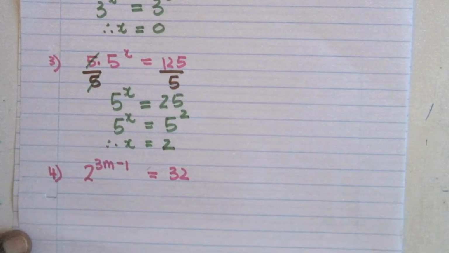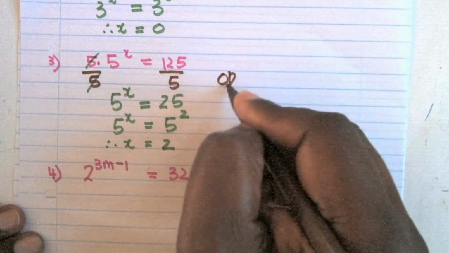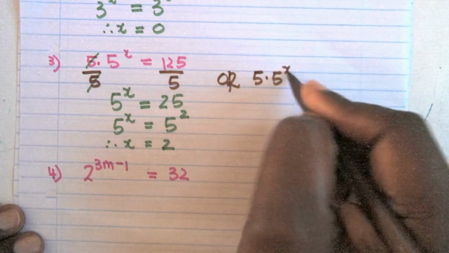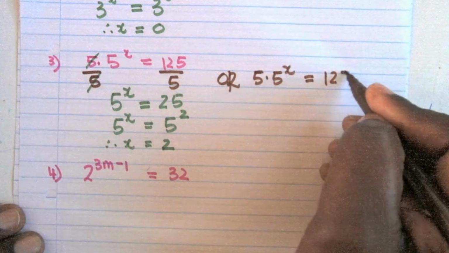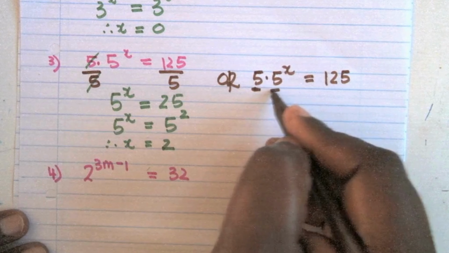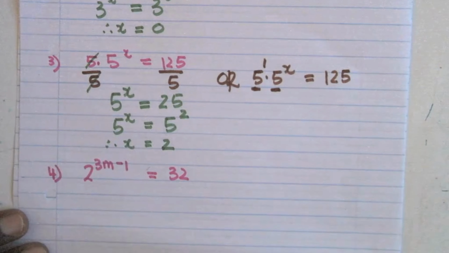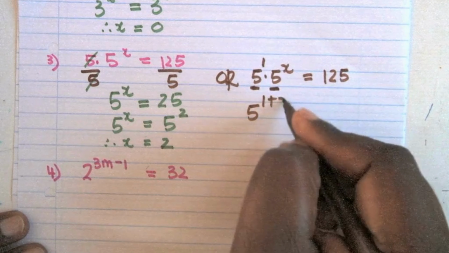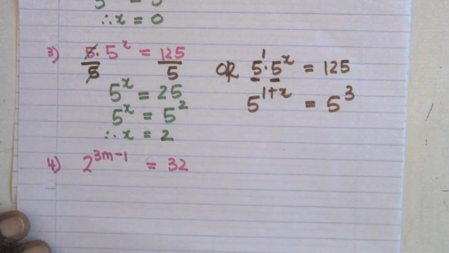We can also use this method here. The question reads 5 times 5 to the power of x is equal to 125. Since the bases are the same here, and I'm multiplying exponents, and remember here there's an invisible 1, I can write this as 5 to the power of 1 plus x is equal to 5 to the power of 3.